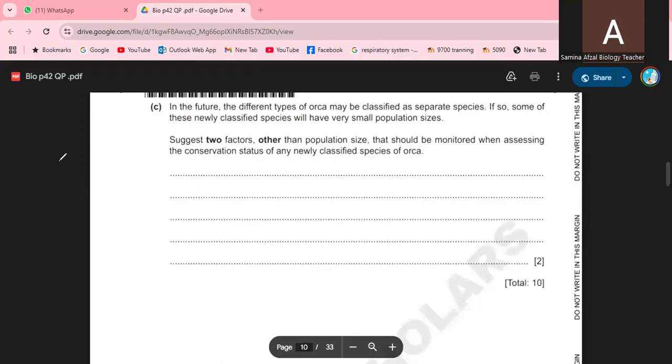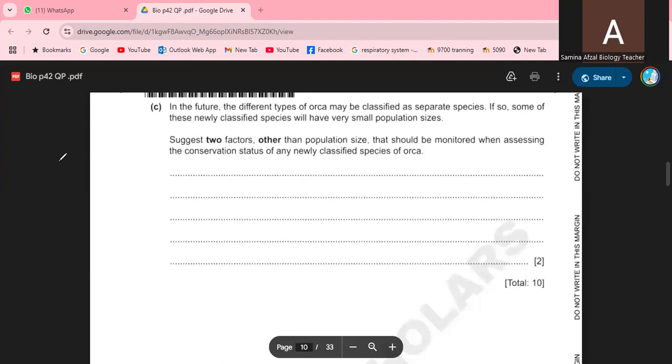So when assessing the conservation status of such newly classified species, it is crucial to monitor factors beyond just the number of individuals. We have to monitor their geographical range. A species with a very restricted geographical range is inherently more vulnerable.